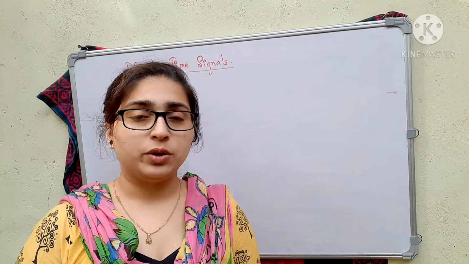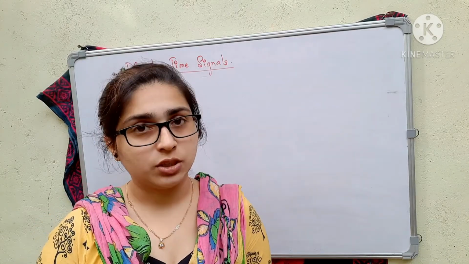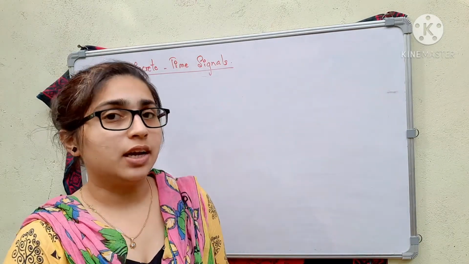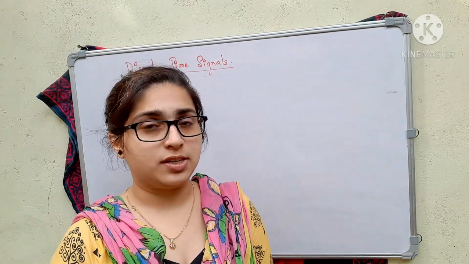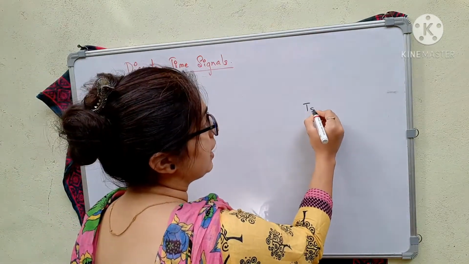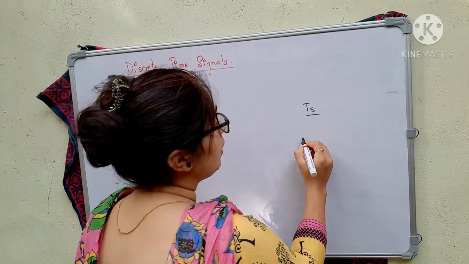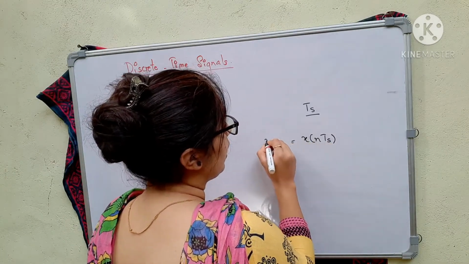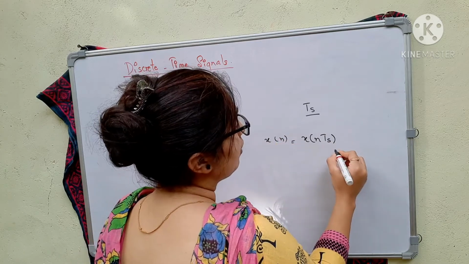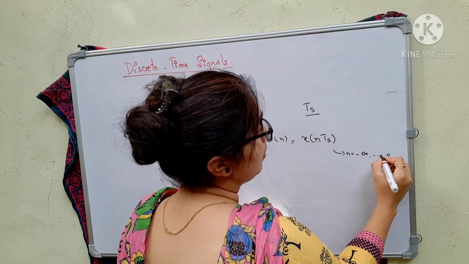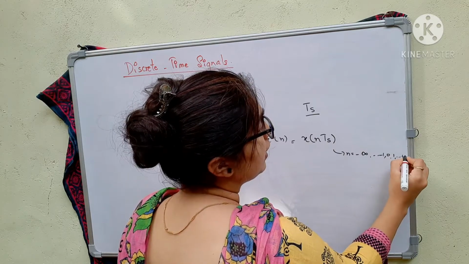In my previous video, I explained the continuous time signal and how we derive the discrete time signal from it. If I consider the sampling period as Ts, then x of nTs will be x of n, where n goes from minus infinity, minus 1, 0, 1, till infinity.